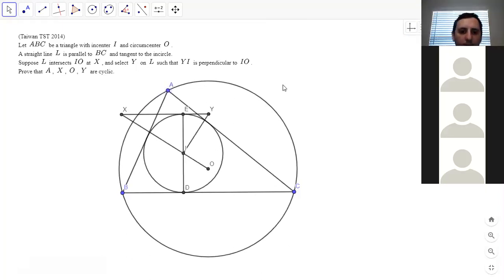Okay, so what's the best way to do this? I don't think it was that long of a proof either.